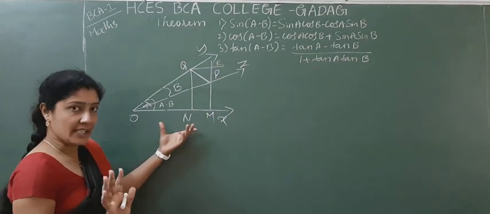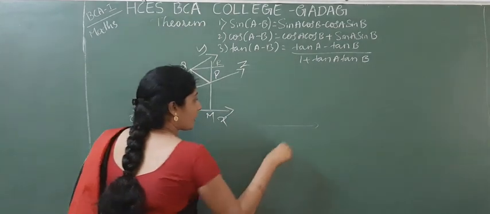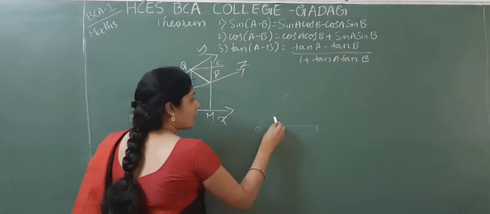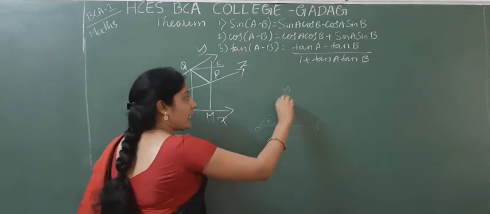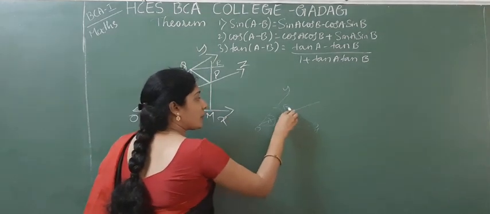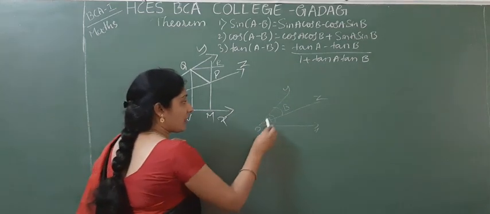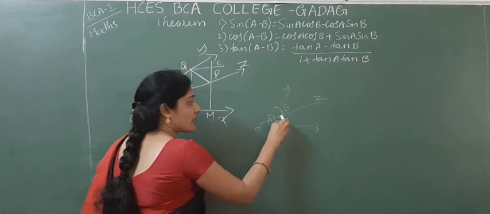Now, once again I will explain this. Take a line OX, which revolves through an angle A to the line OY. Again it revolves backwards through an angle B to the line OZ. Therefore, this angle is A and this angle is B. Therefore, what is this angle?